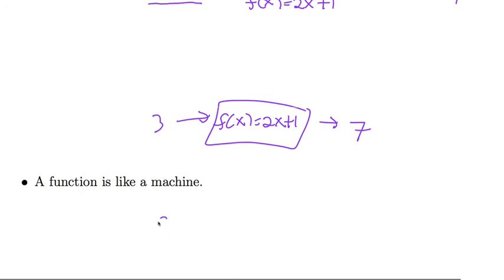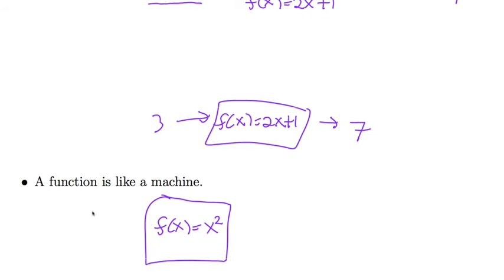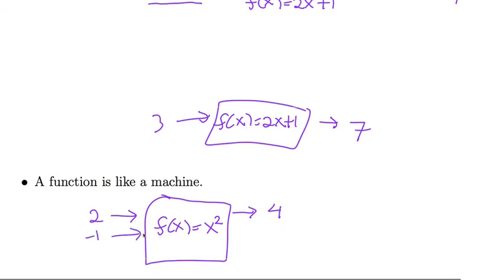Suppose I have the squaring function, f of x equals x squared. So that's the same as y equals x squared. If I put in 2 into this machine, it squares that input and outputs 4. If I put in a -1, it outputs f of -1, which is -1 plugged in where the x is, so -1 squared, which is 1.